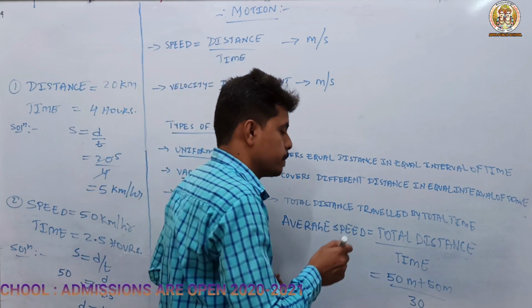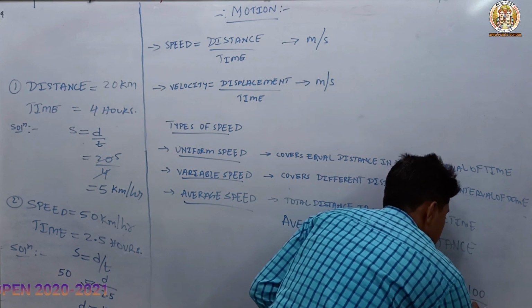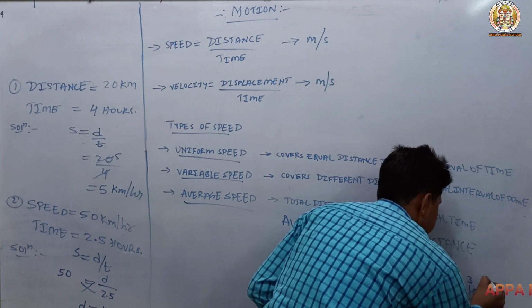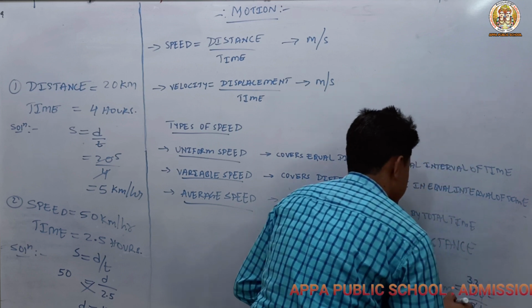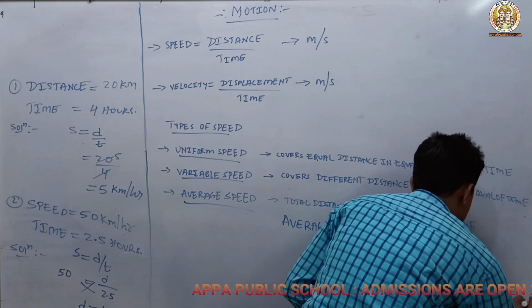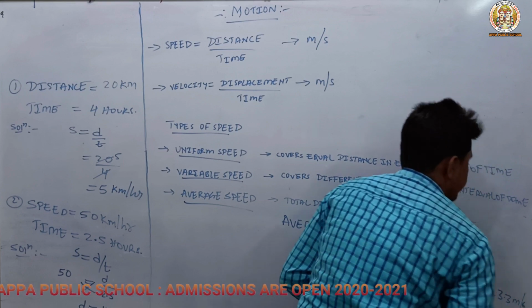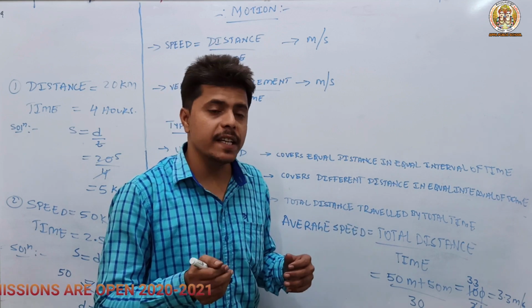So 3.3 meter per second, we got the average speed.